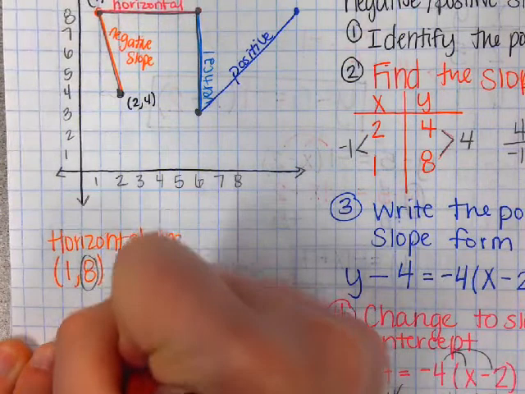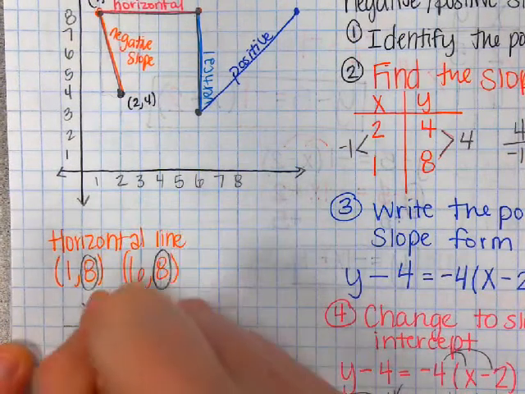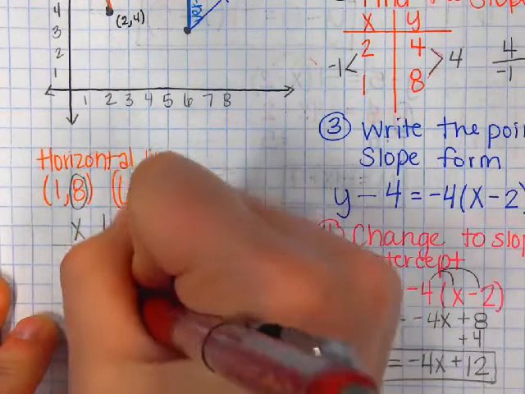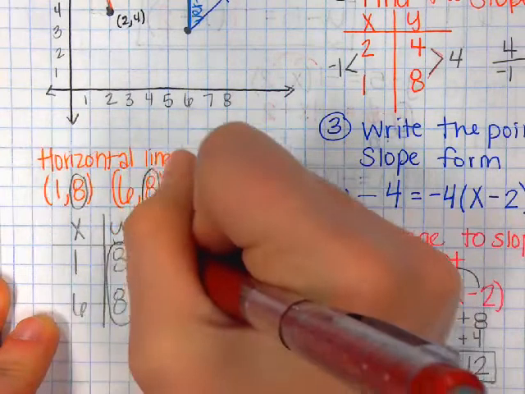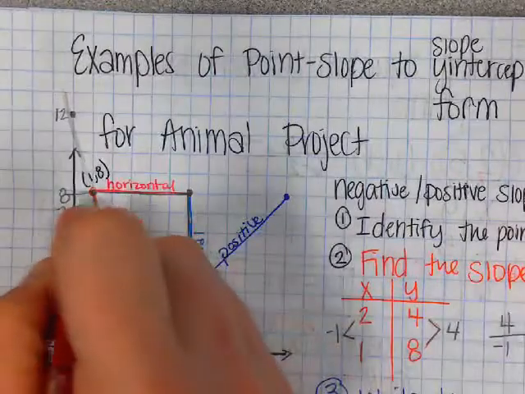So I'm going to go ahead and put them in a table. So x, y, 1, 8, and 6, 8. If you look, both y values are 8. So your equation is simply y equals 8.